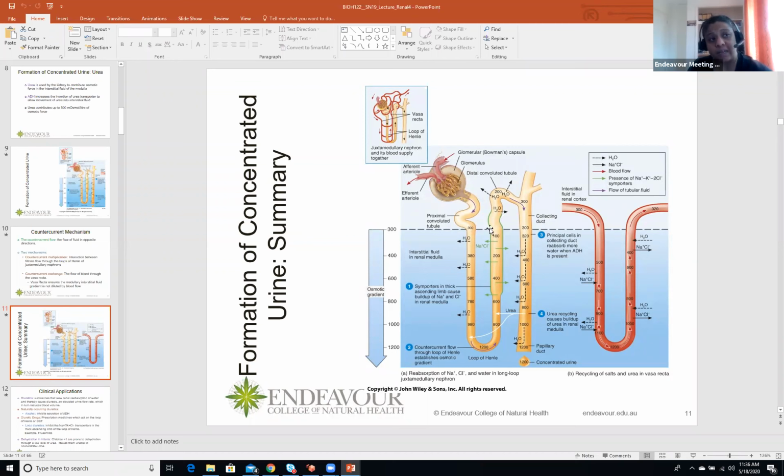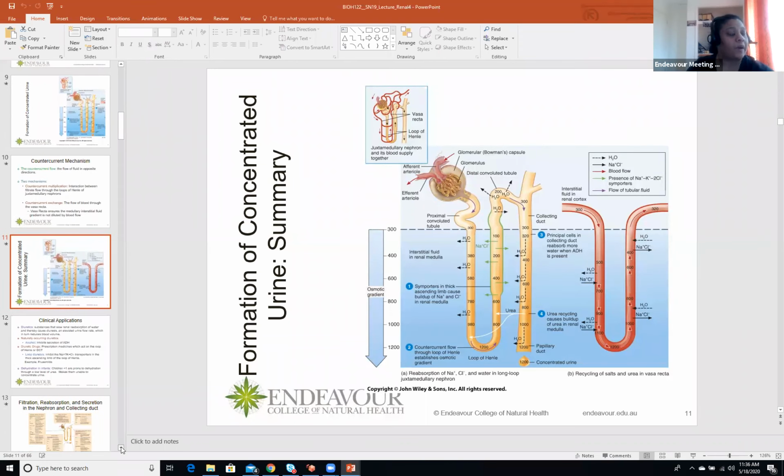Same here, in the ascending part it is using energy, not in the descending part. The descending part will just follow passive transport, facilitated diffusion using ion channels, right? But going upwards, yes, it uses active energy. Clear? Yes, thank you. All right.